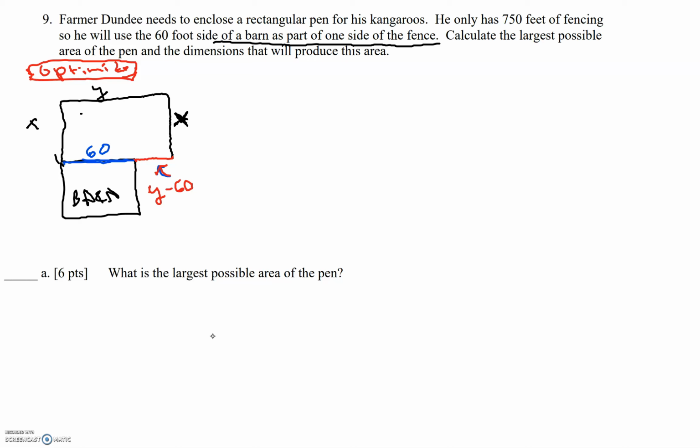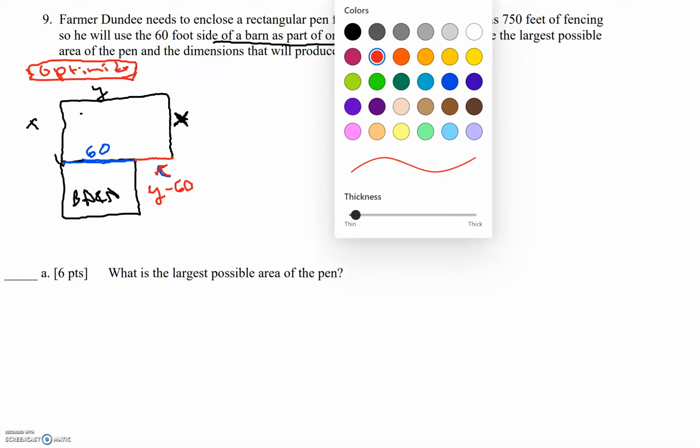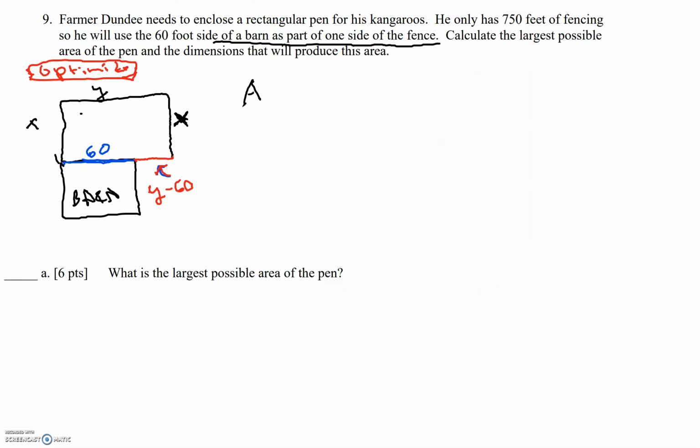So we want to calculate the largest possible area. Since this is a rectangle, area is going to be x times y.